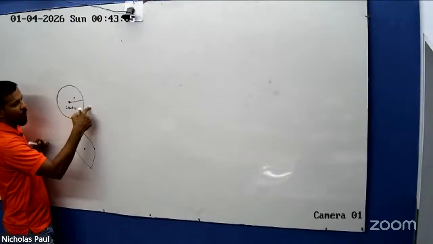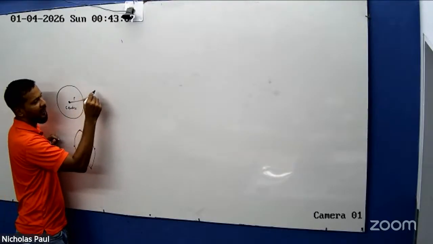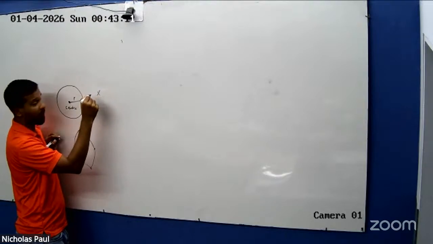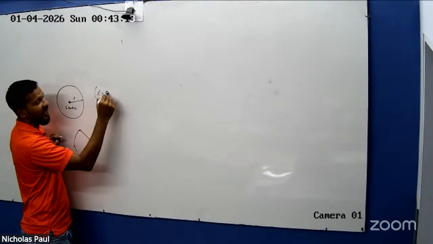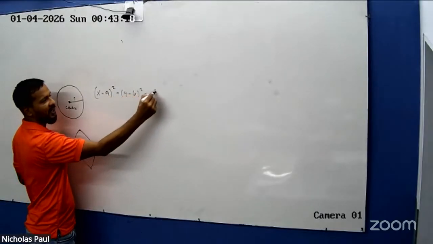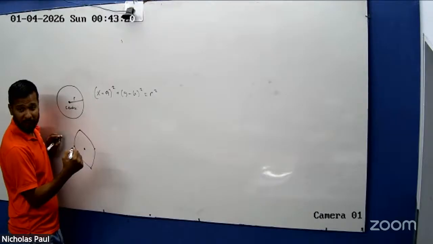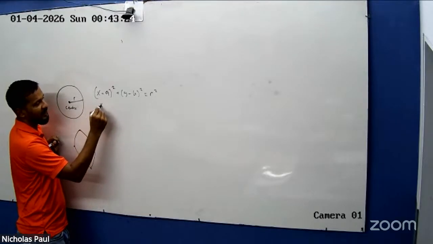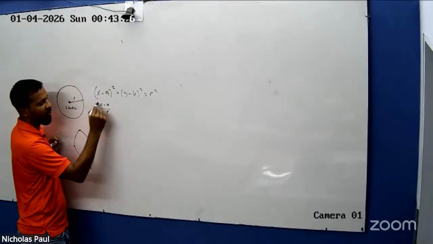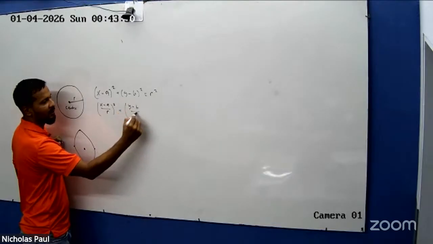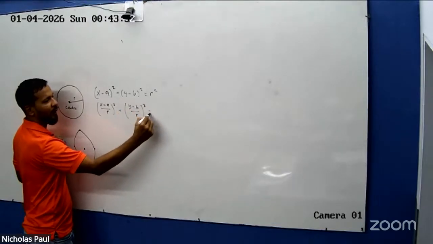And the equation of a circle was what again? Anybody remember? So the equation of a circle: (x minus a) squared plus (y minus b) squared is r squared. Or I can write it like this: (x minus a on r) all squared plus (y minus b on r) all squared is 1.